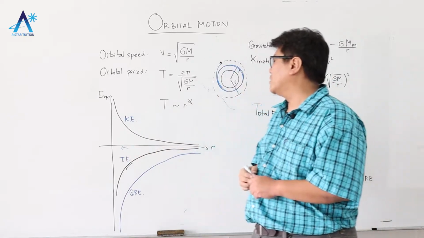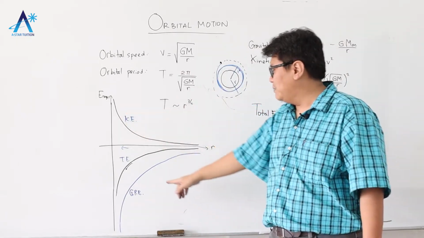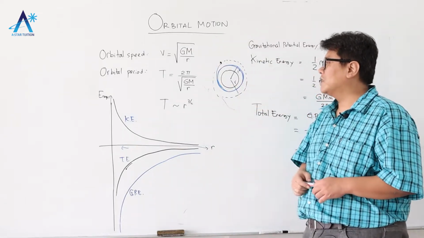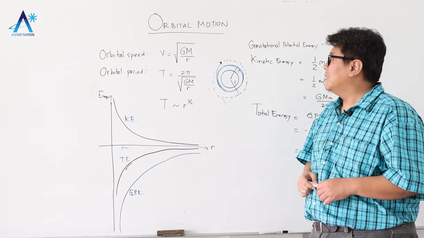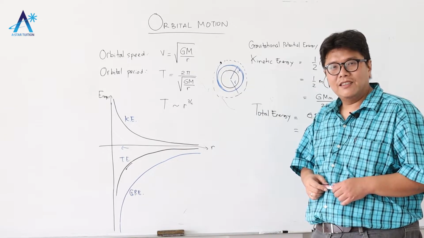Moving to a closer orbit means that the kinetic energy will increase and the gravitational potential energy will also decrease. So hopefully you understand the concept of energies in the context of orbital motion.